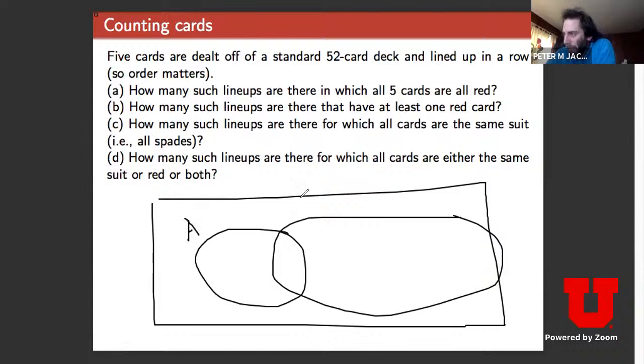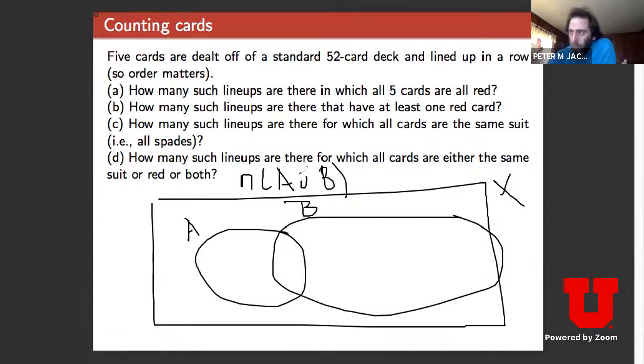Let's just call the sets A and B. So A is going to be the subset of X where all 5 cards are red, and B is going to be the subset of X where all the cards are of the same suit. And then we want to count up the size of A union B, which is the choices of 5 where all are red, all are the same suit, or both.